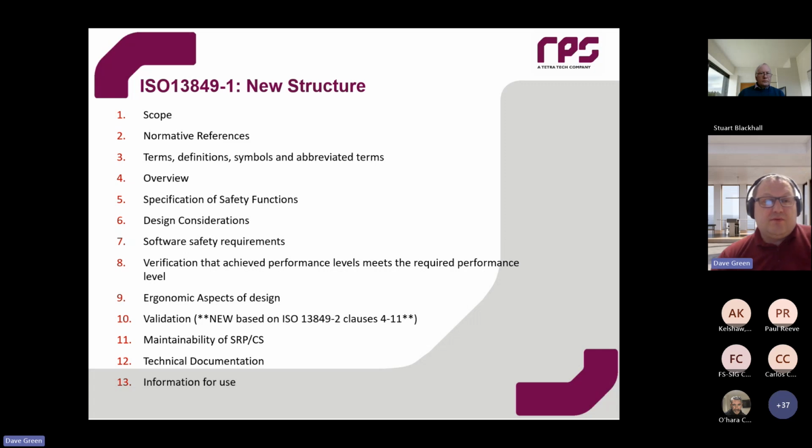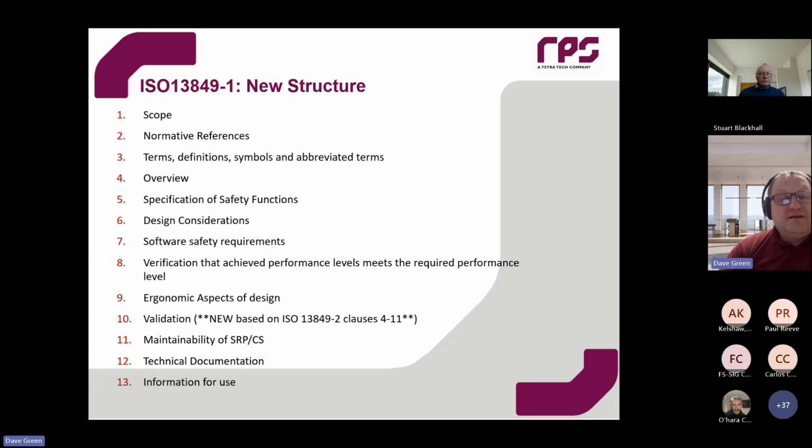So it's reliability with probability of MTTFD. There's diagnostic coverage, there's common cause failure, there's systematic failure in there, as well as architecture. So that's new in there. Ergonomic aspects of design is new, a smallish statement in there as a new concept.